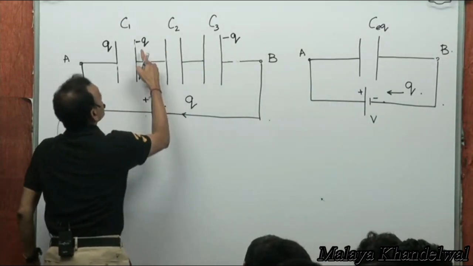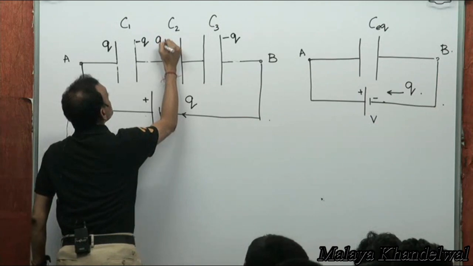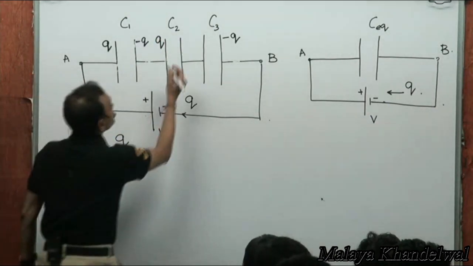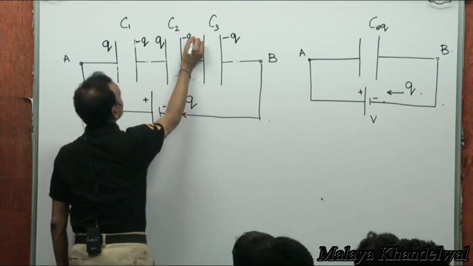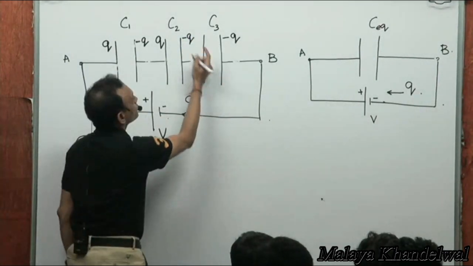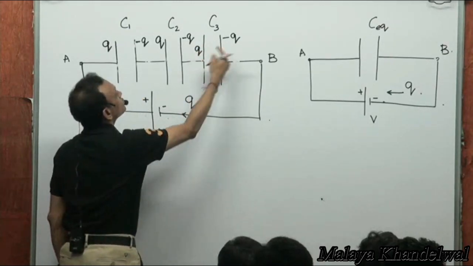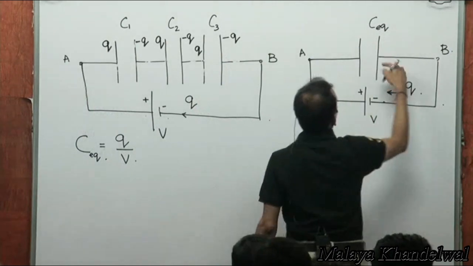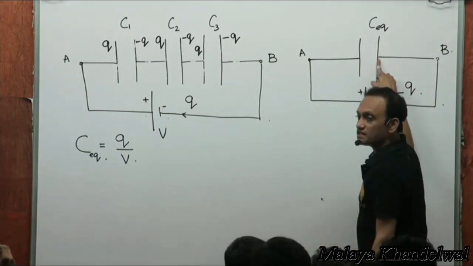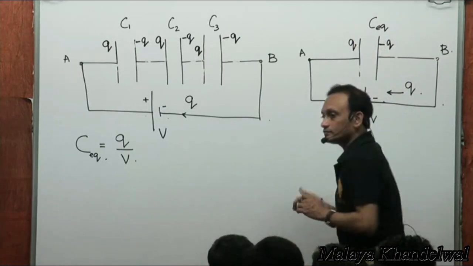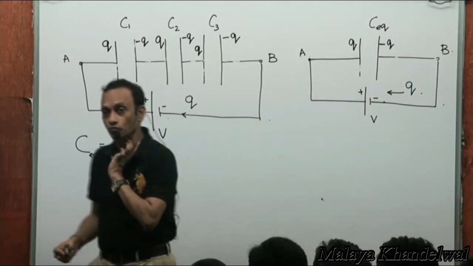Meaning therefore that this plate has charge Q, again inducing charge minus Q on this plate. These two are electrically neutral, leaving this with charge plus Q and minus Q, right? And again, if Q leaves this, then this plate has charge minus Q, this plate has charge plus Q. Yes or no?